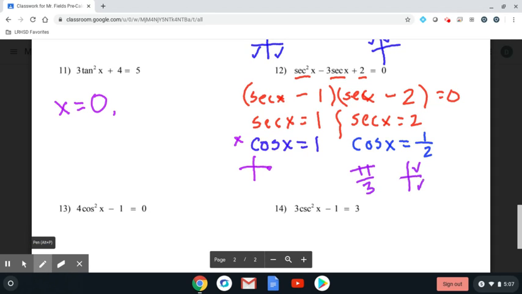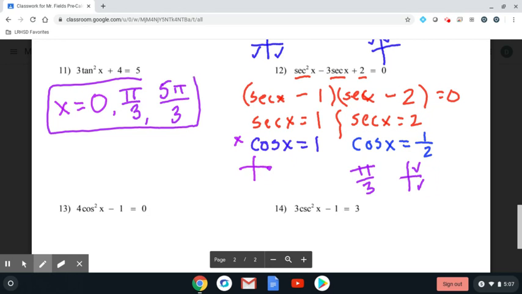So quadrant number 1 is going to give us an angle of pi over 3, and then quadrant number 4 is going to give us an angle measure of 5 pi over 3. All right, so in this case, you would only end up having 3 answers for this problem.